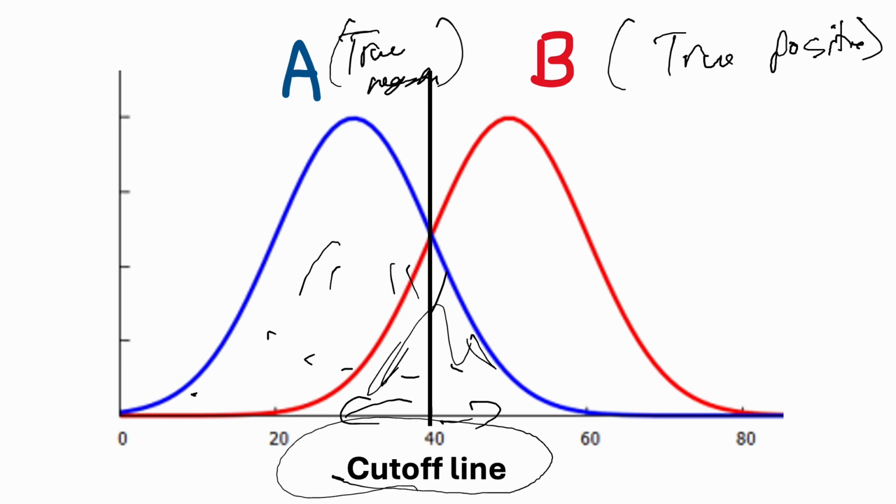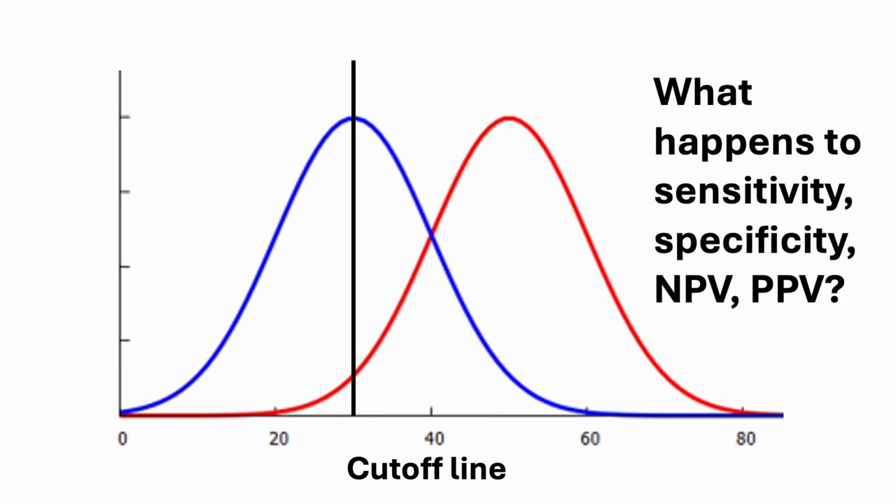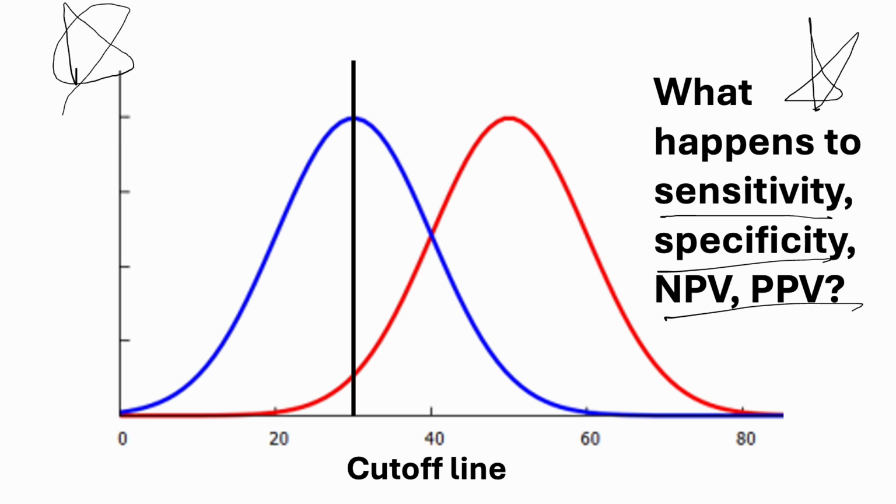So let's say we move the cutoff line to the left. What's going to happen to our sensitivity, specificity, negative predictive value, and positive predictive value? Super high yield to know this. We're moving our cutoff line, it was originally at 40, and now we've moved it down to 30. So all of a sudden, all of these things to the right of the cutoff line are now called positives.